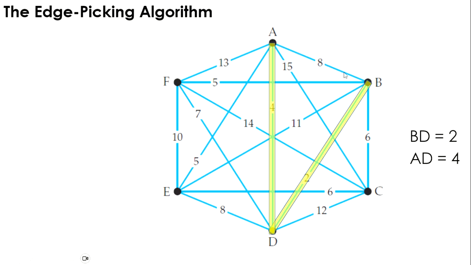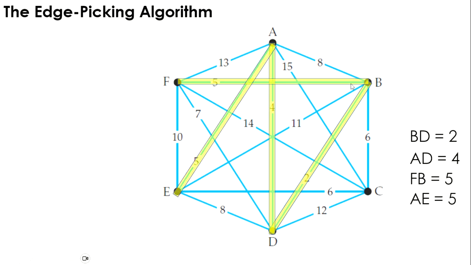And then if we're going to pick BF or FB, it's okay also since B will have 2 connections only or 2 edges only. Okay, so let's pick both BF or FB and AE or EA. Then there's no closed circuit yet, and also there are no 3 connections or 3 edges for each vertex, so we're okay.